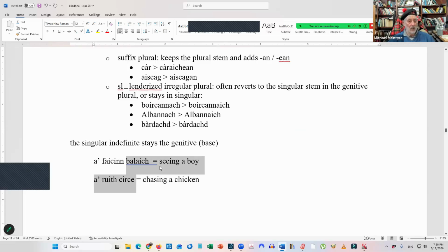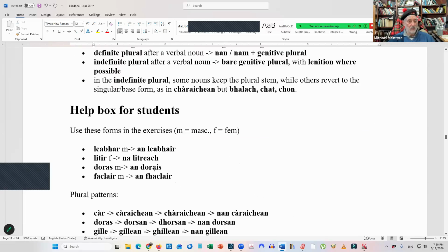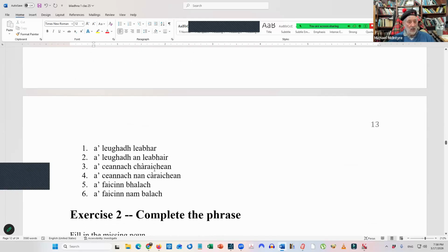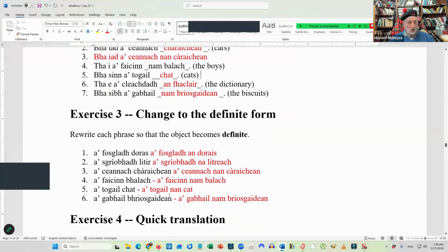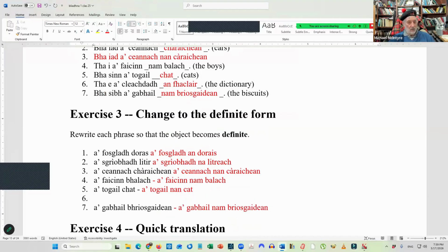So down here, where you asked the question, a toko cat, cats, or a toko non cat.